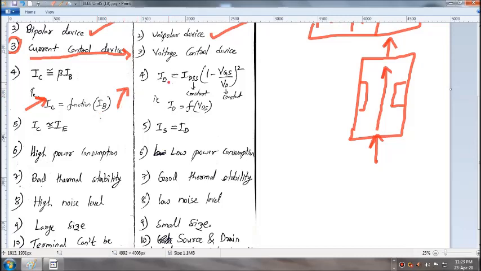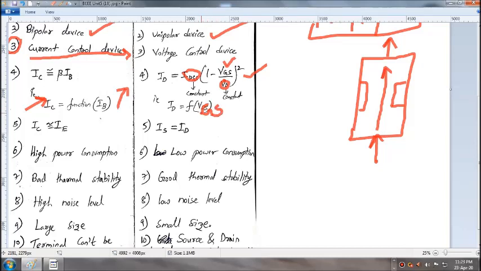Whereas coming to the field effect transistor FET, the expression for output current, which is drain current, is this one. So if you observe, both these terms are constant. The only variable is VGS. So ID, the drain current, the output current, is a function of VGS.